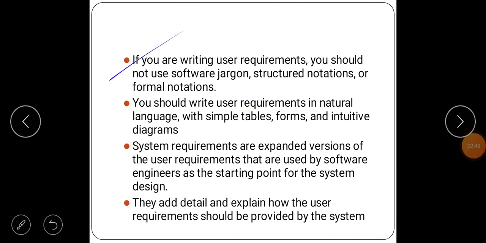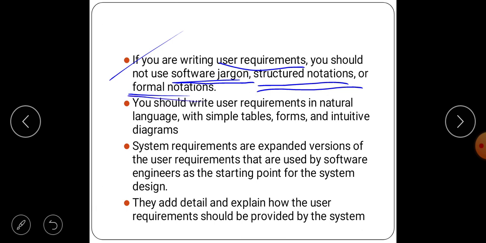Next, if you are writing user requirements, you should not use software jargon, nothing but special software words, and structured notation or formal notation should not be used.